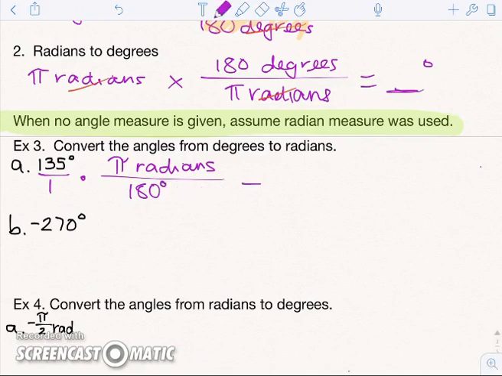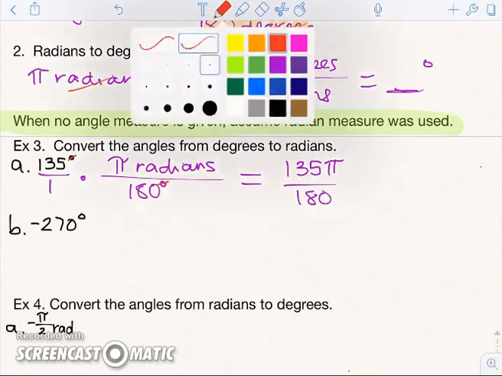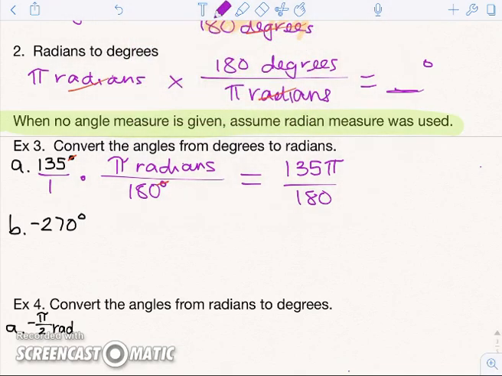And I'm going to multiply through. Remember, for fractions, multiply the numerators, multiply the denominators, and then reduce. So what ends up happening here is I get 135 pi all over 180. The degrees end up canceling, and then I'm going to reduce 135 by 180, and I end up with 3 pi over 4 radians.